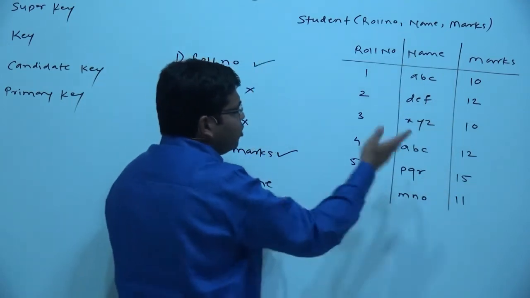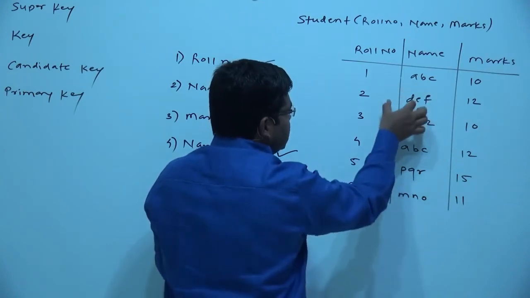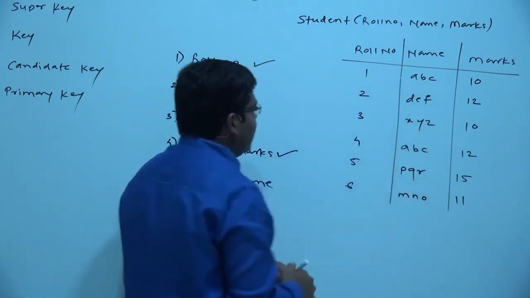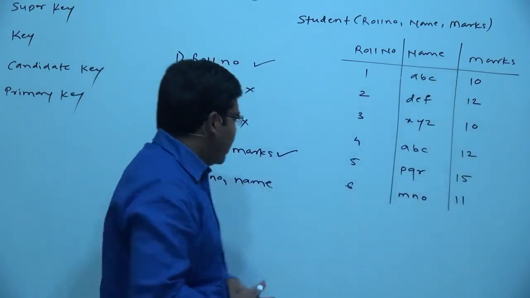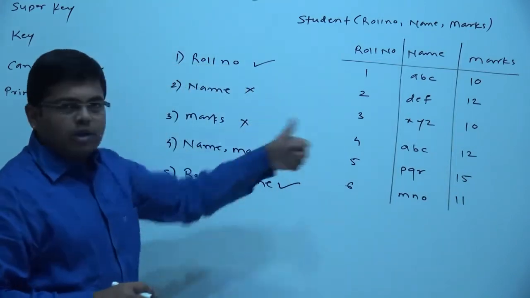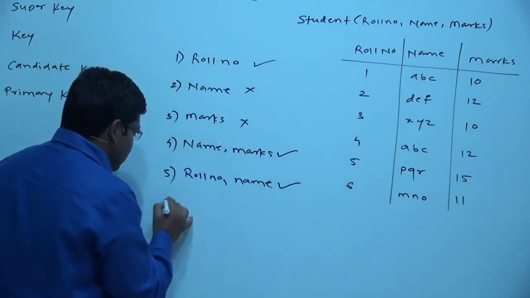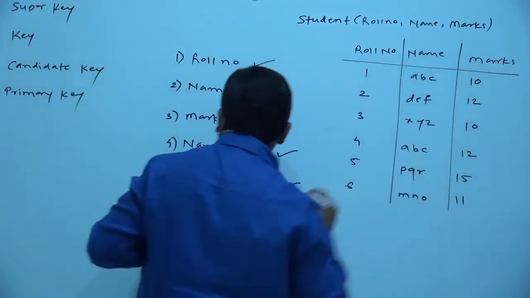And you can observe also, no combination of roll number and name is repeated, or all the combinations of roll number and name are different, and that is why with the help of roll number and name we can uniquely identify the tuple, and that is why roll number and name will again be called a key, because simply it can uniquely identify the tuple. Then another combination will be that of, say, roll number and marks.